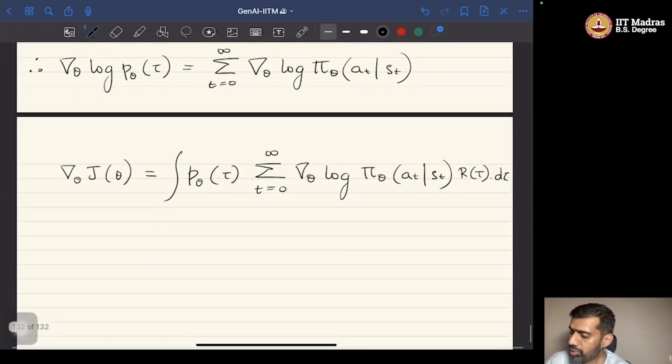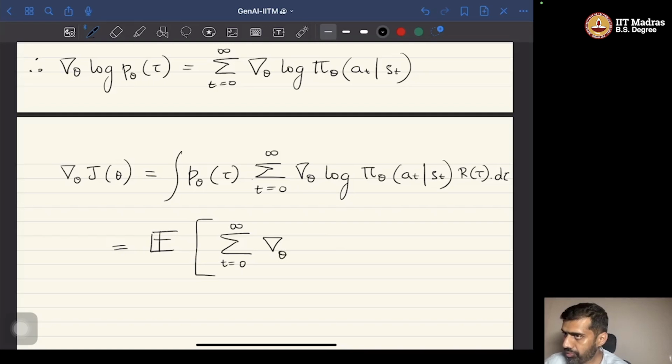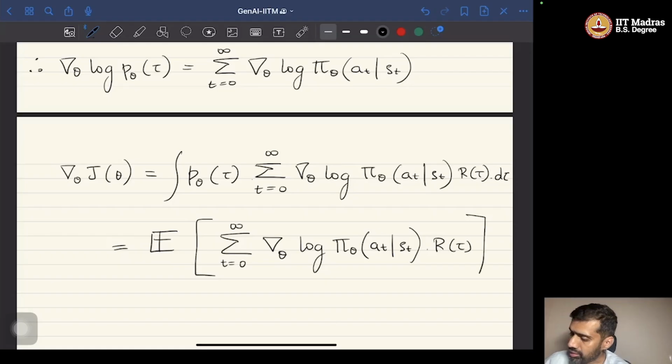Okay. Now this can be written as an expectation. This is the expectation of the sum from t equal to 0 to infinity of the gradient of log of pi theta a_t given s_t times the return, and this expectation is with respect to tau as it is coming from p theta.